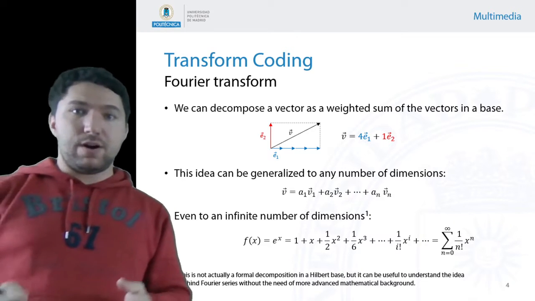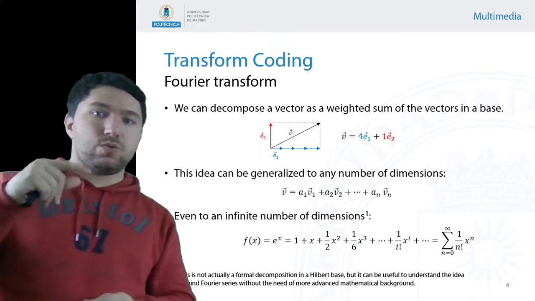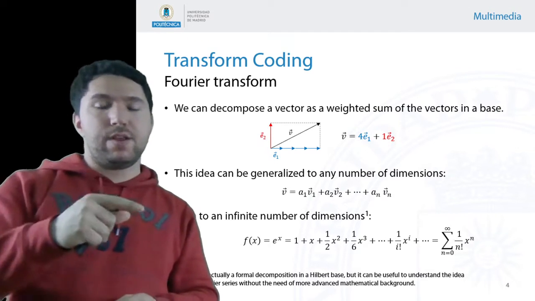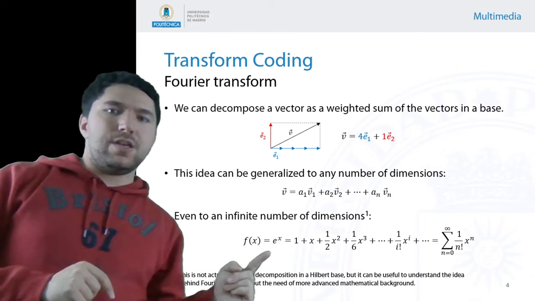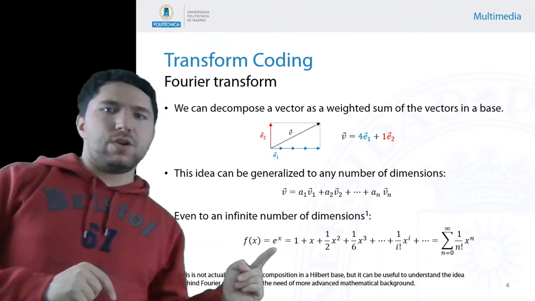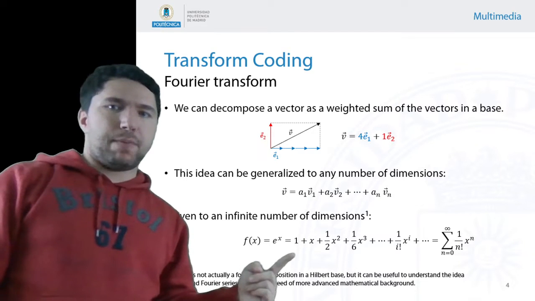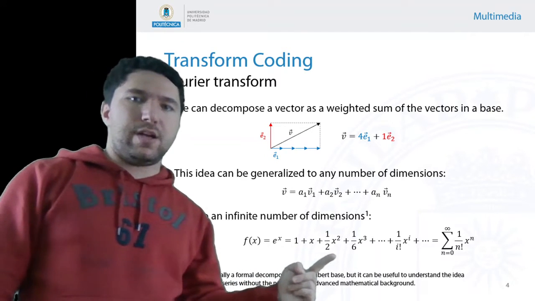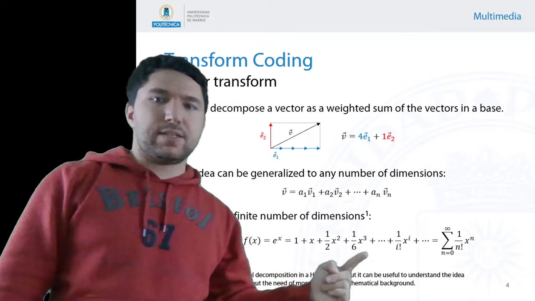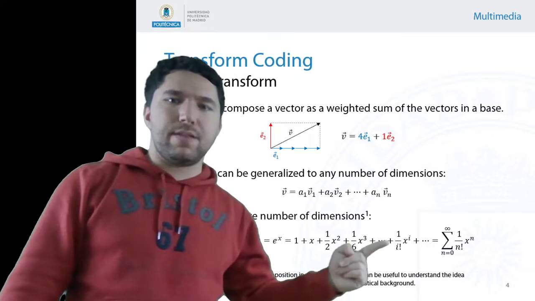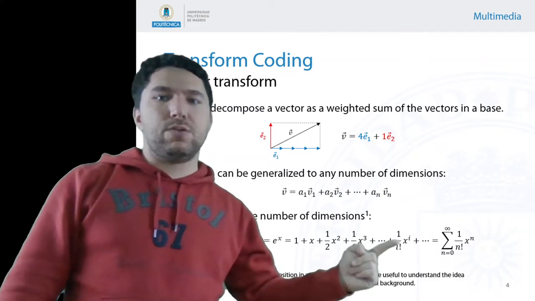So we can consider a base which is x raised to 0, x raised to 1, x raised to 2, x raised to 3, etc. So if we have the function e raised to x, the exponential function, we know that we can decompose this using a Taylor series as 1 plus x plus 1/2 of x raised to 2 plus 1/6 of x raised to 3 plus 1 divided by the factorial of i times x raised to i.